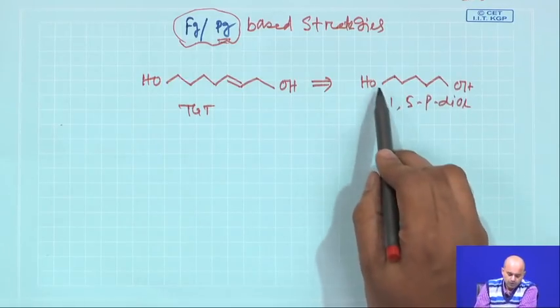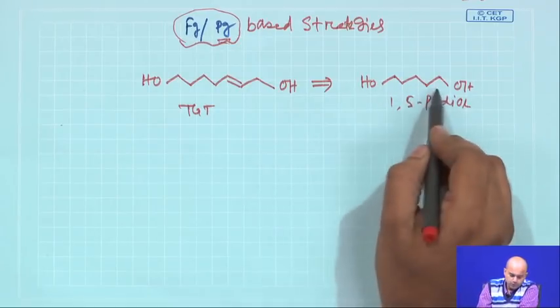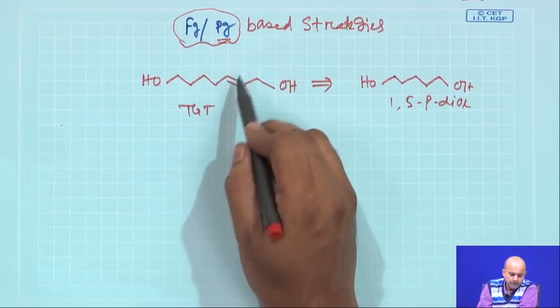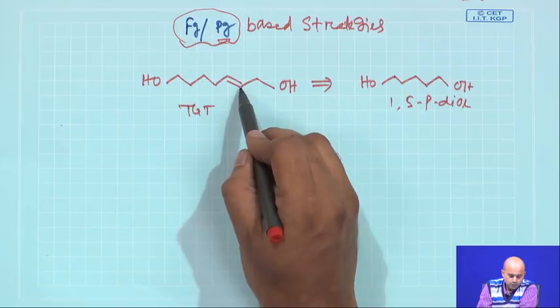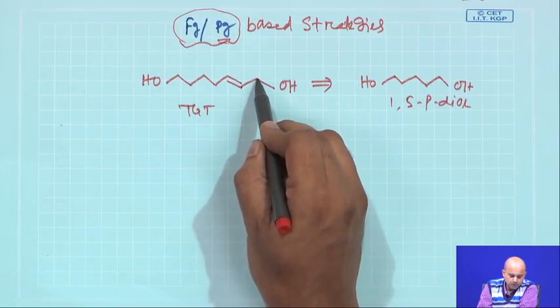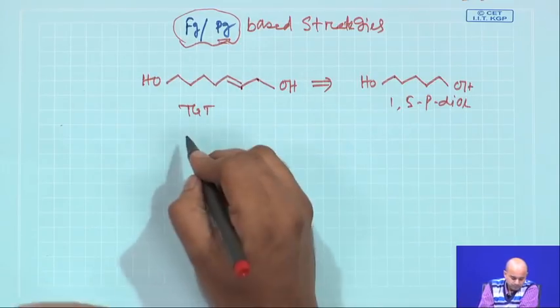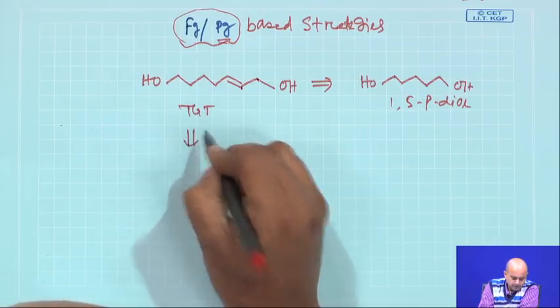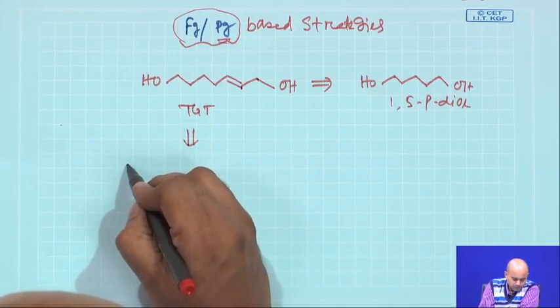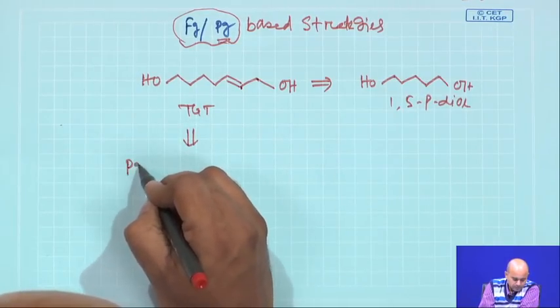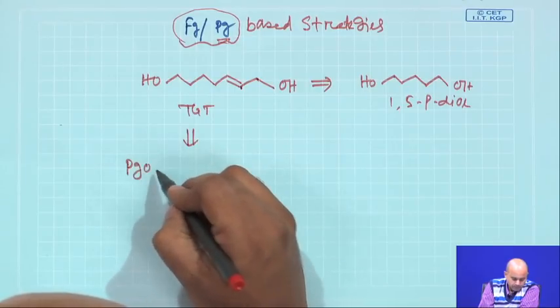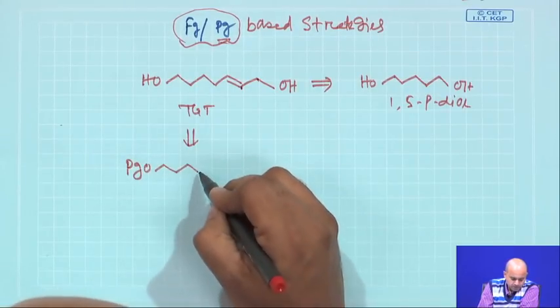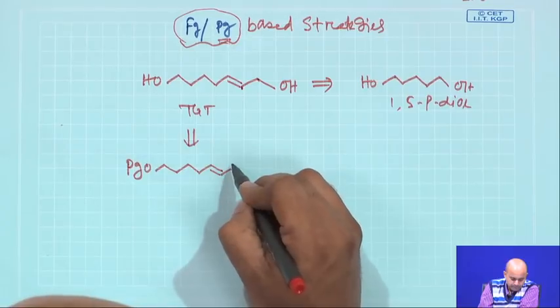Now, what you exactly need to do is put a new carbon-carbon bond here, a simple 2 carbon extension. In reality, this was done by putting a PG here to be on the safe side.